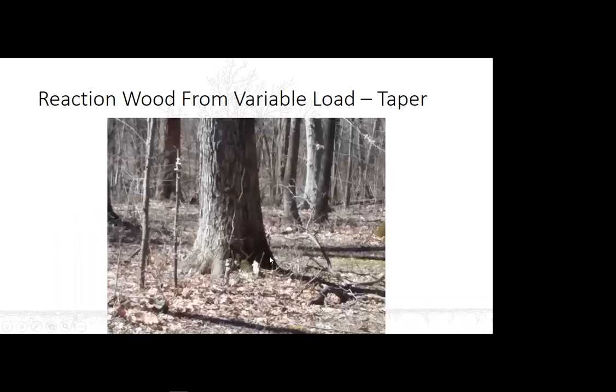So that transition zone is right here. It's sometimes called the root plate or the trunk flare or the root flare. It goes by a lot of names, but that's where it transitions from being roots, which have a little bit different anatomy and growth patterns, to the trunk and the top of the tree.